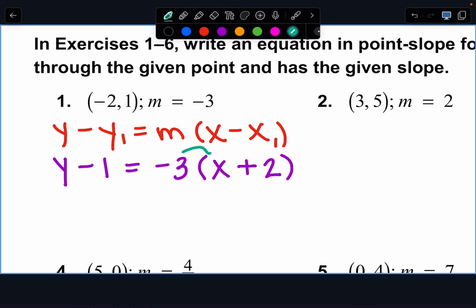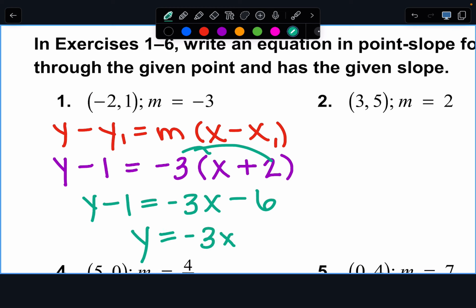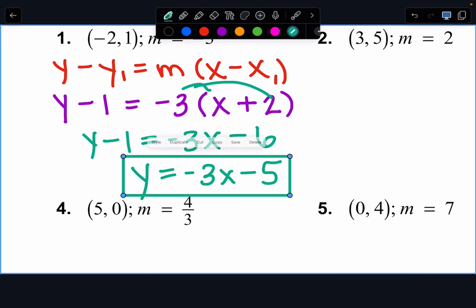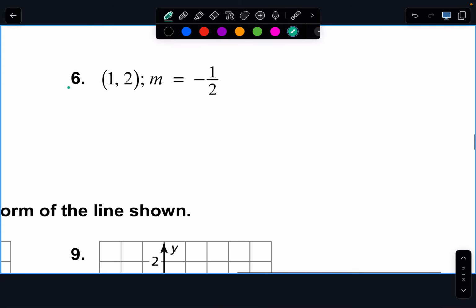Then did you distribute? So did you get y equals -3x plus minus 5? What did you forget? To multiply 3 times 2. That was a silly mistake. Don't do that. Okay, so I'll give you a chance for redemption. Try number 6.